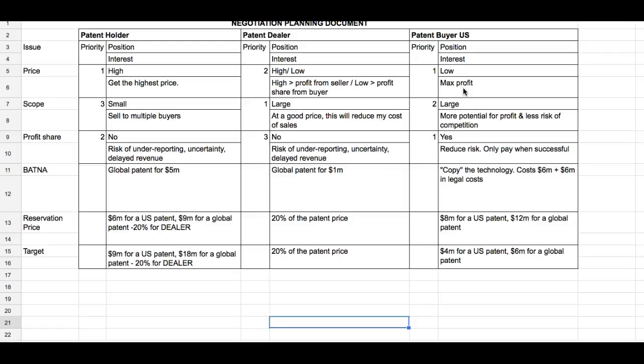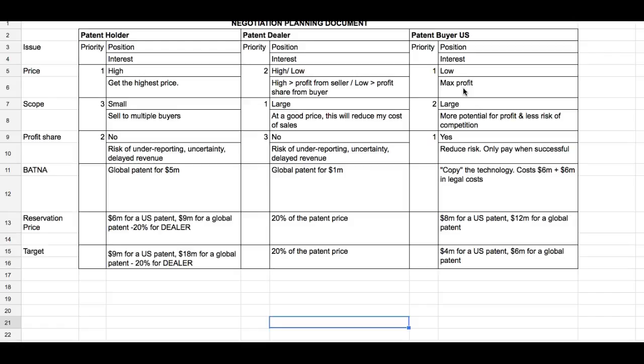Now, if he would negotiate a price of, let's say, not 10 million but 1 million, then the gross profit would be 11 million. Then 30% of that would be a much higher sum. So in that case, the low price that the buyer has to pay for the patent will give him more money.